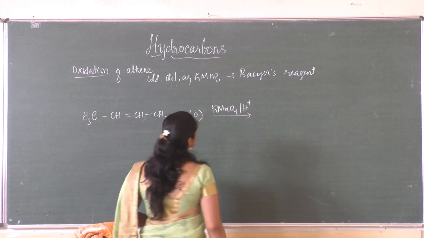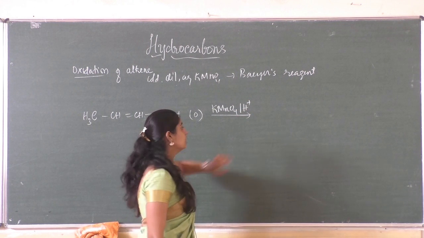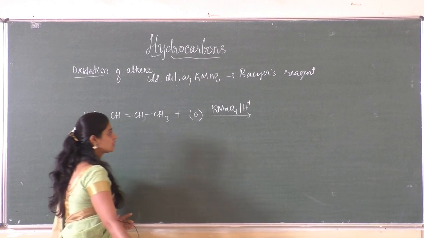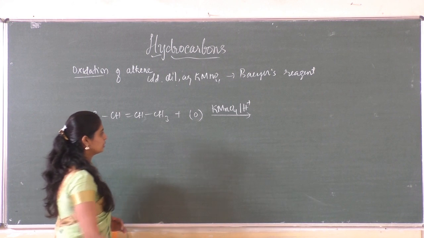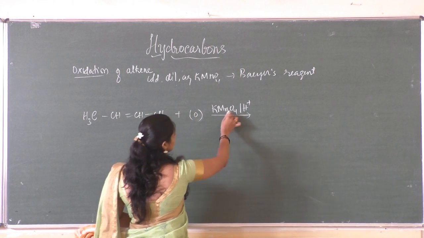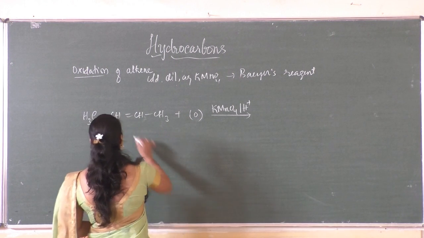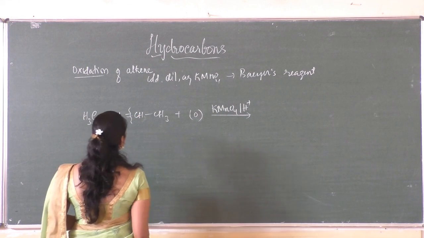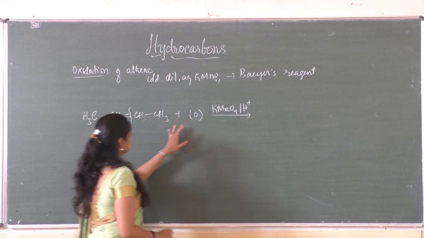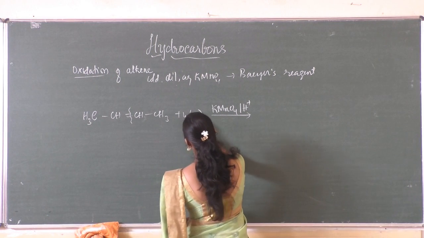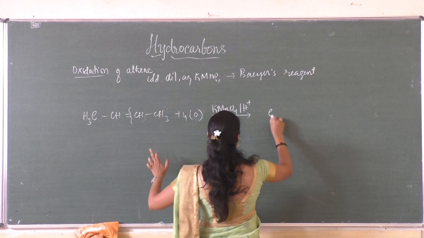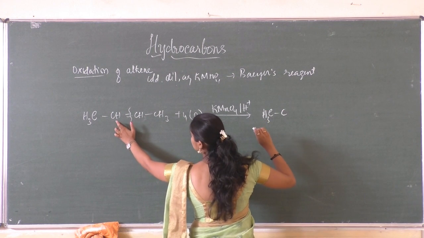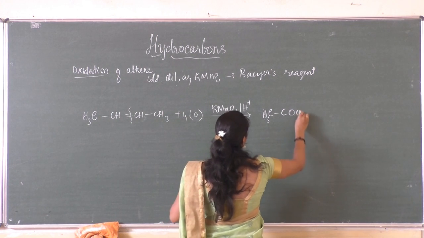Acidic medium is represented by putting H plus here, it is taking place in the presence of acid. Where the double bond is, oxidation occurs and the molecule cleaves. For cleavage it requires 4 oxygen atoms, so it forms CH3C with 2 oxygen atoms between carbon and hydrogen.